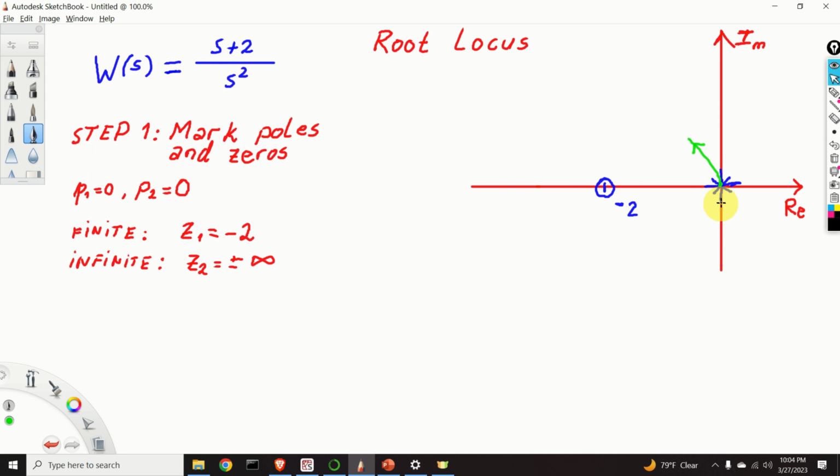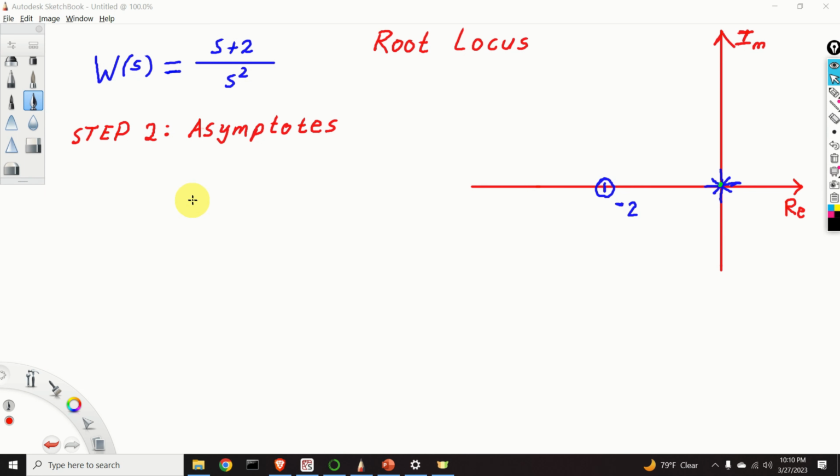This is the first branch, and since the root locus is symmetric with respect to real axis, another branch needs to go like this. Then we know the following. We know that the root locus, that is, one of its branches, will end at this zero. So this will be the end. And, of course, another branch should end in plus infinity or minus infinity, and we will see that later on.